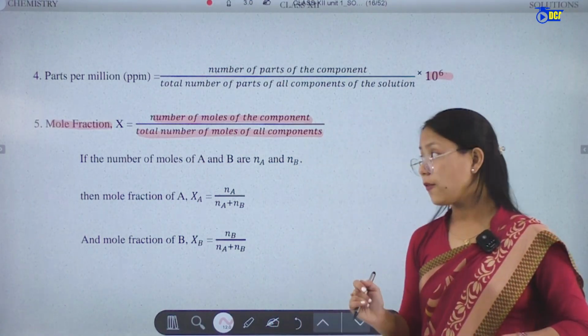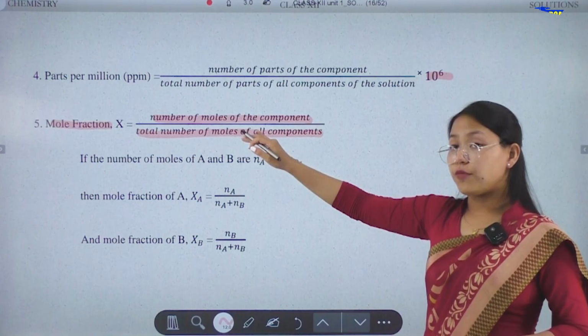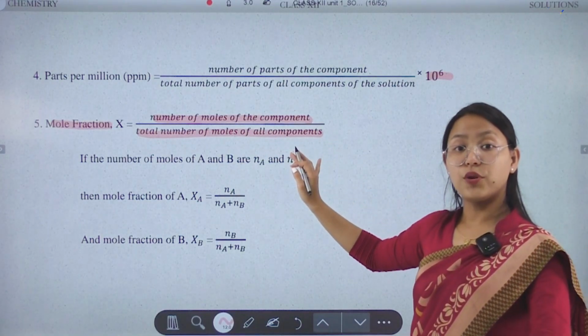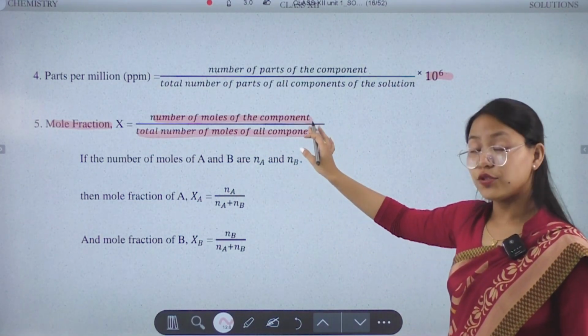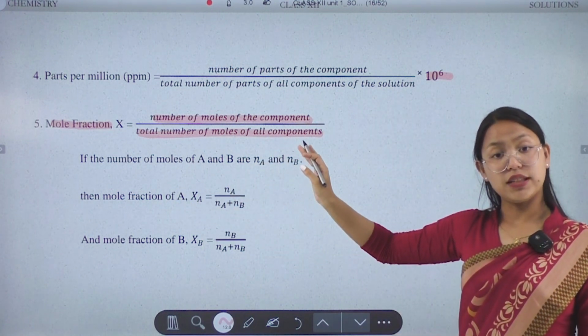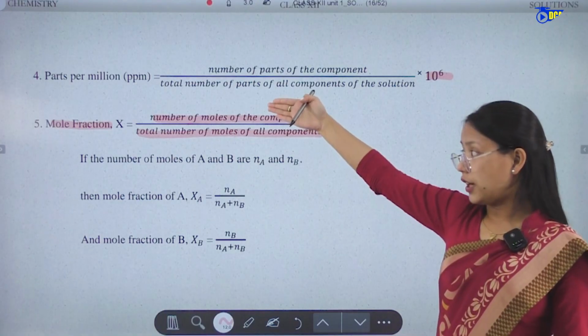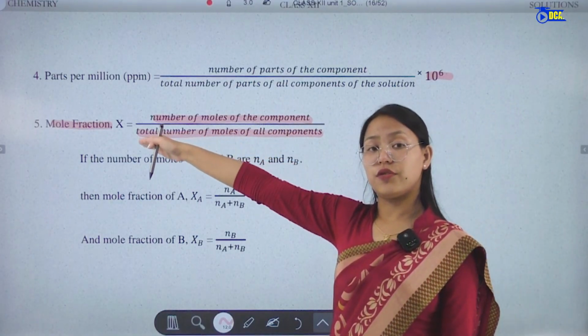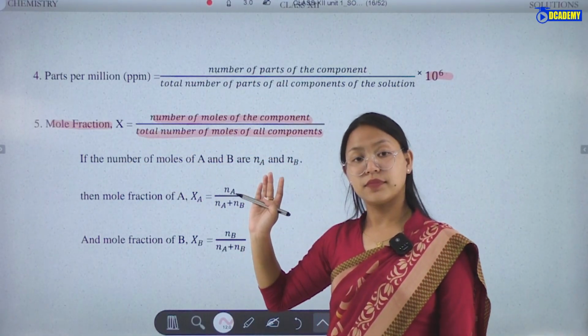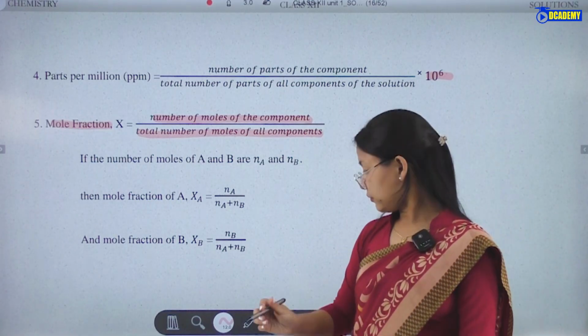So number of moles of the component divided by total moles gives the mole fraction.